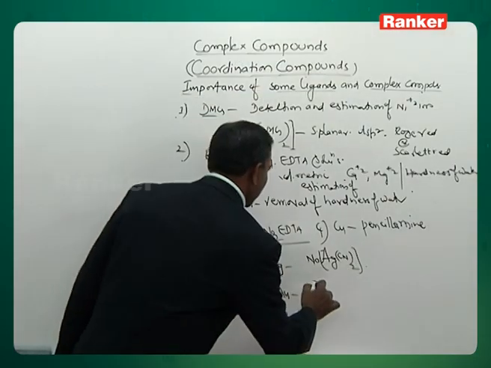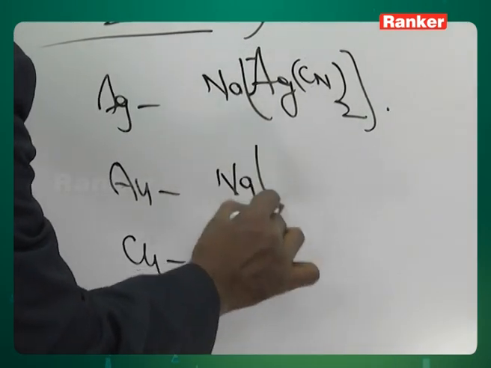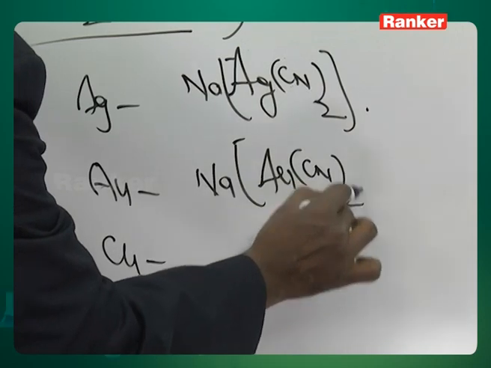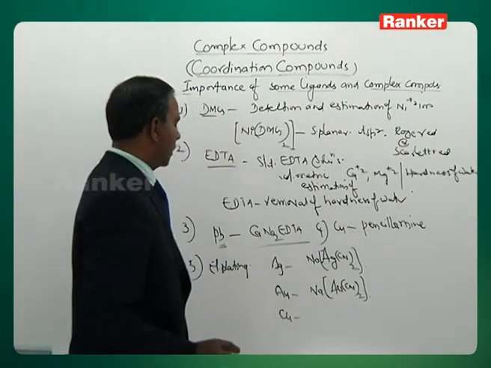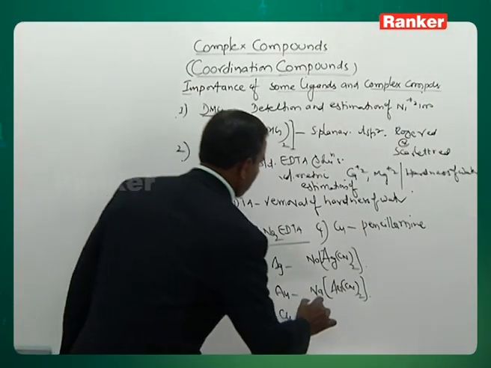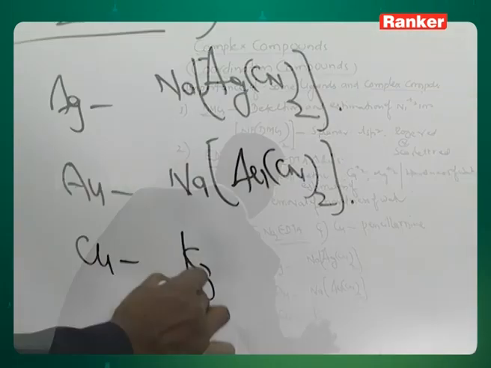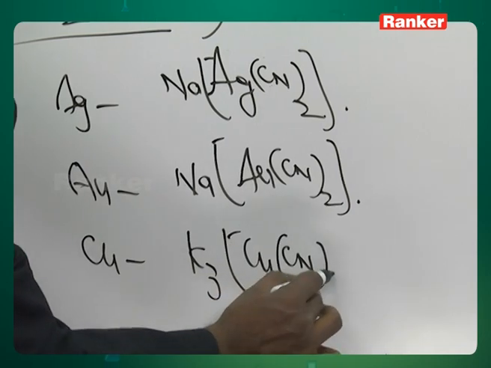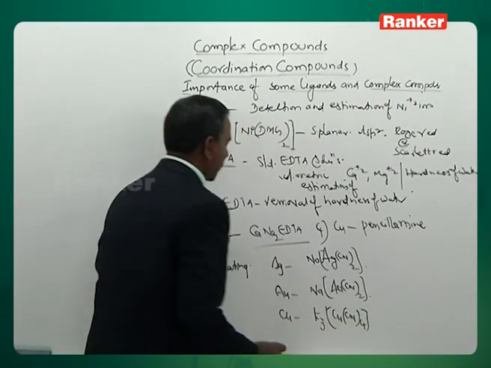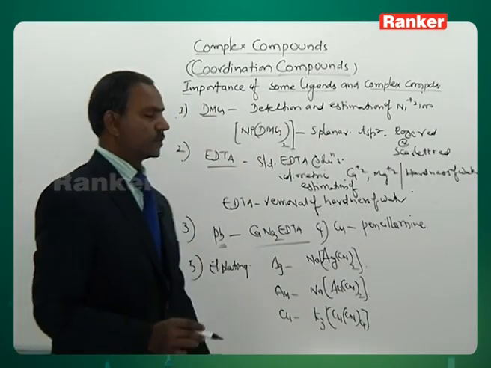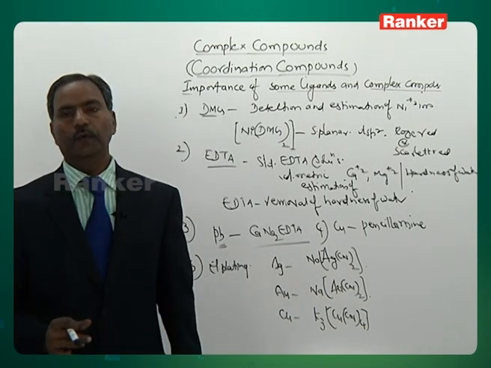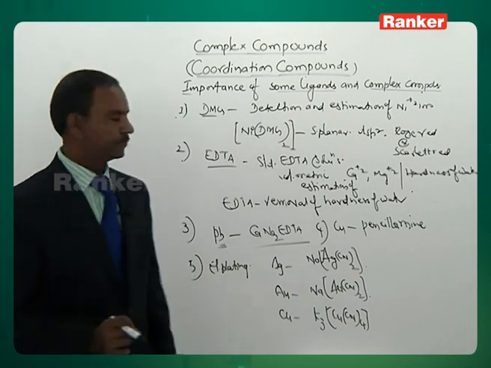Similarly, in the electroplating of gold, we use Na Au(CN)2. For the electroplating of copper, remember K3 Cu(CN)4, a copper 1 complex. These complexes are used for the electroplating of silver, gold, and copper.